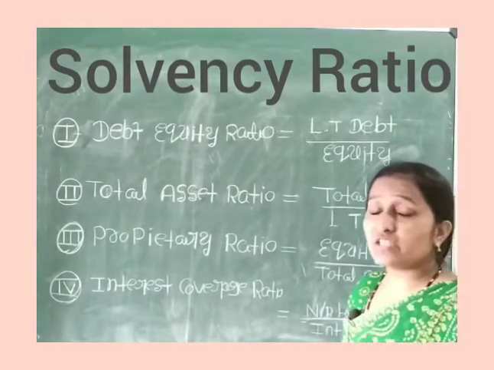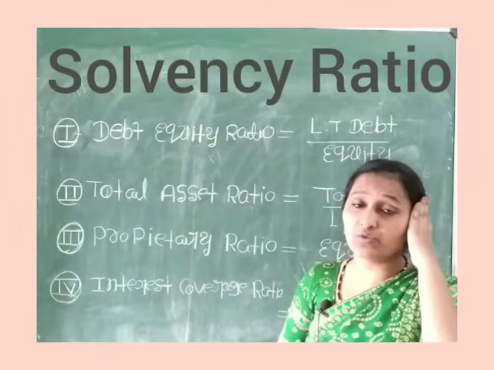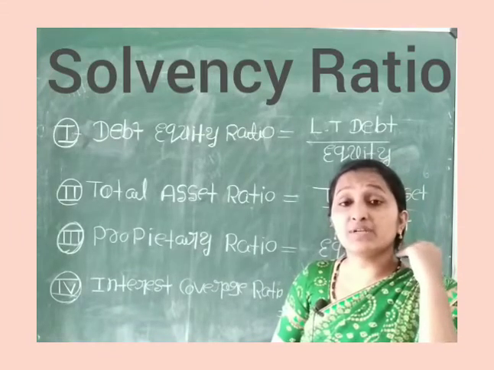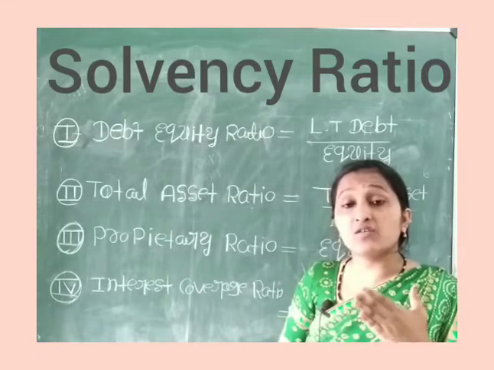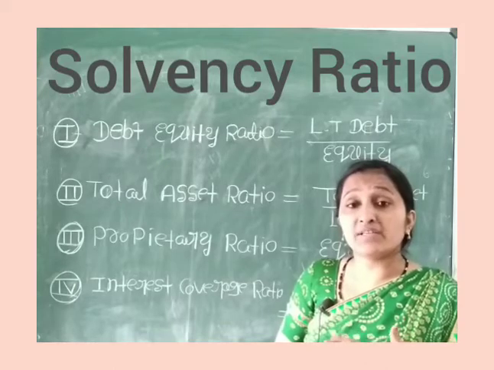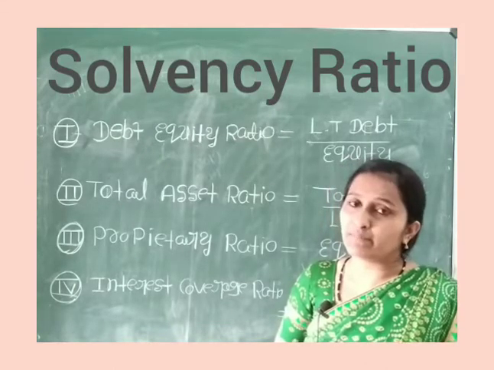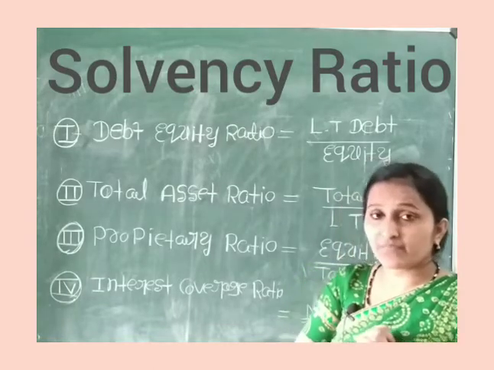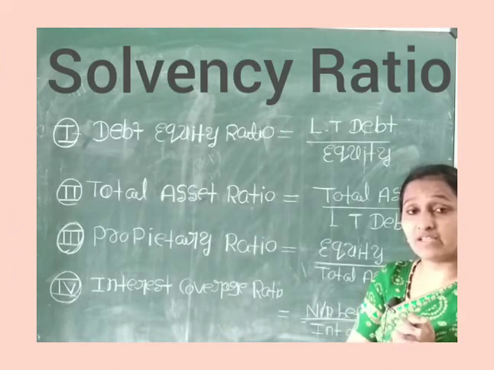As I explained in the definition itself, here we are completely focusing on long term debts, not short term debt, the debt which the company has taken with the long run purpose in mind. So the formula of debt equity ratio consists of long term debt divided by equity.